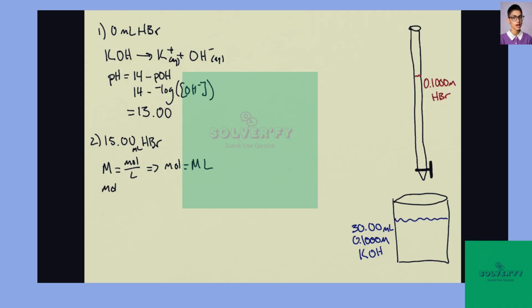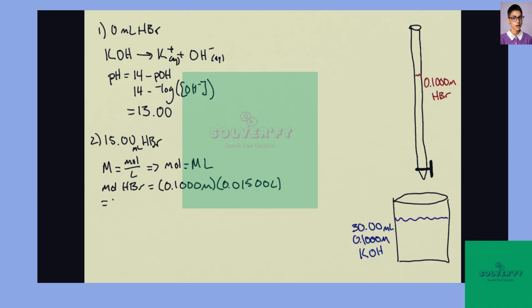So our moles of HBr is equal to the molarity, which is 0.1 molar, times the volume, and 15 milliliters in liters is 0.015. So we know we have 0.0015 moles of HBr, or 1.500 millimoles if we want to make it a little bit easier to write.